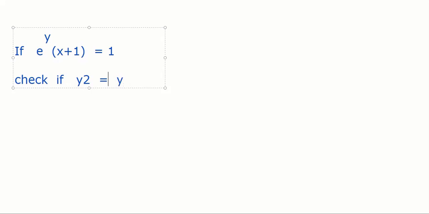Okay, let me write y2, y1 properly. Check if y2 मतलब कि dy second order derivative is equal to square of the first order derivative. Check, anybody tell me, is it true or false? If y2 equal to y1 square or not?